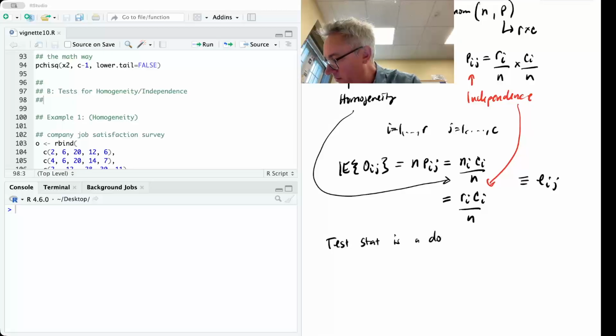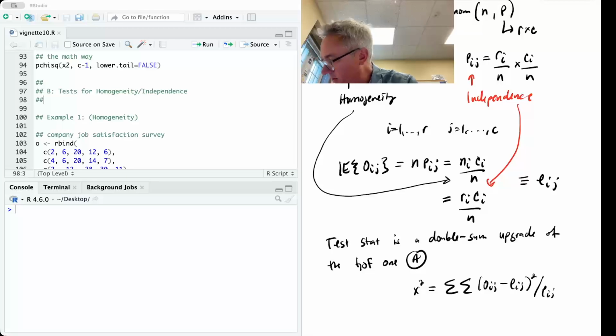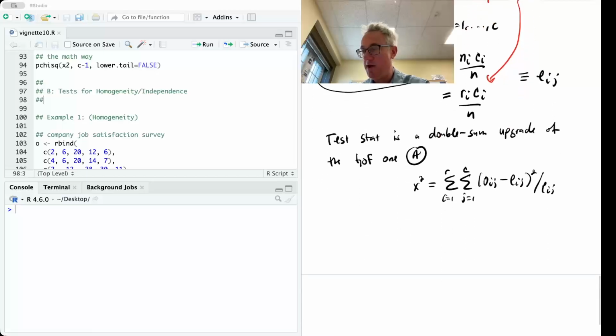So the test statistic is a double sum, an upgrade of the goodness of fit one from part A. So just to write it all out, it's going to be the sum of Oij minus Eij squared over Eij, I equals 1 up to R, J equals 1 up to C. And I'll show you how to do the simulation, but again, I'm going to skip ahead so we can avoid flip-flopping back and forth.